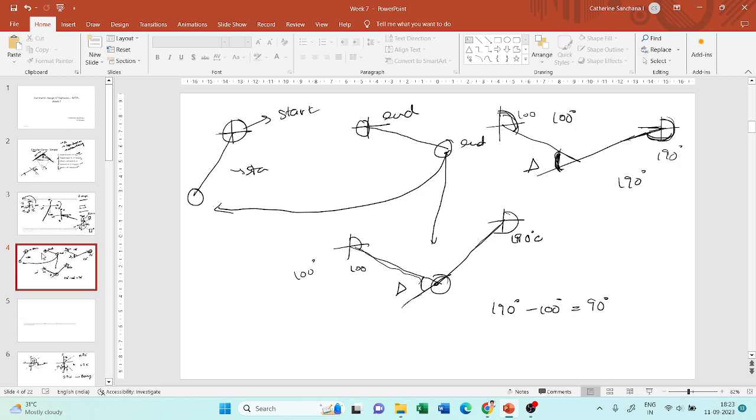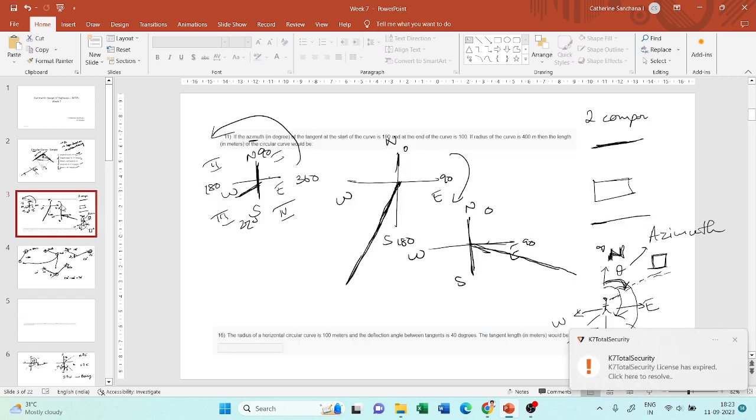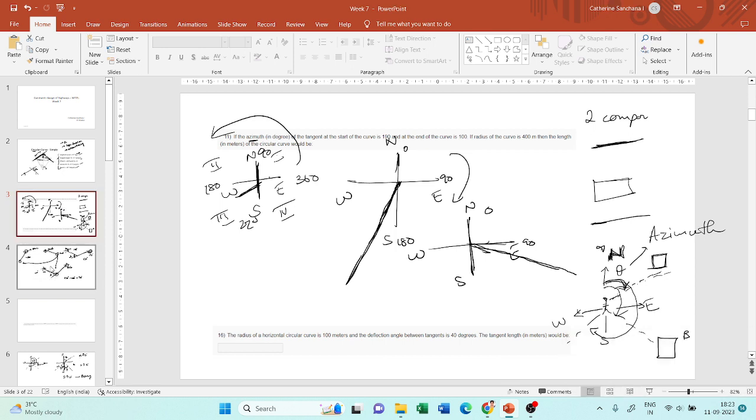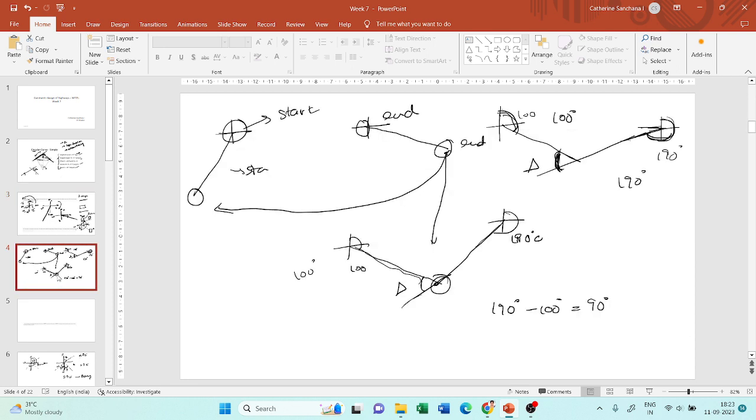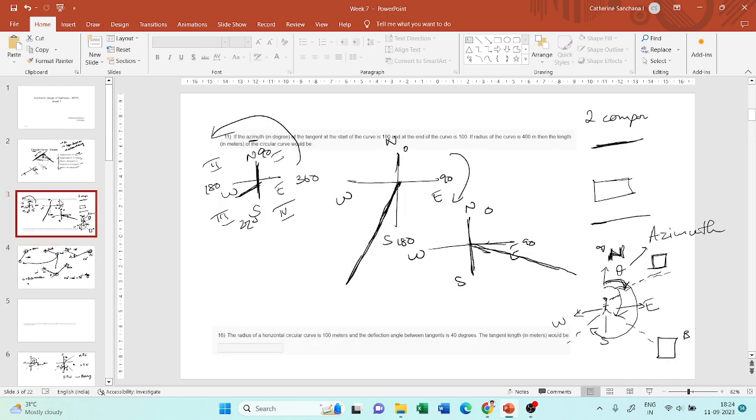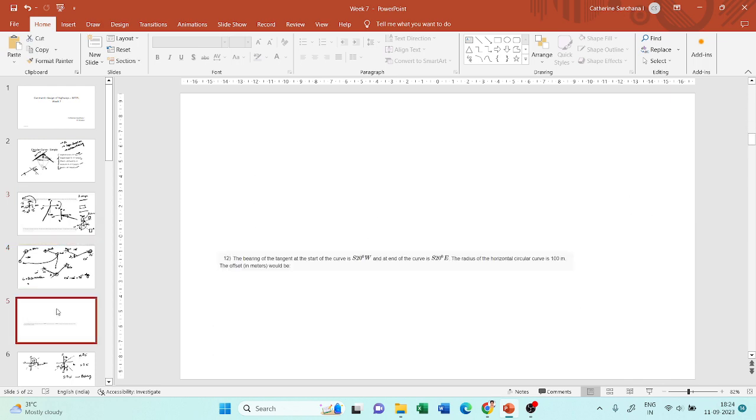Now based on this deflection angle, they've asked you to find out the length of the circular curve, right? You know that the length of the circular curve is r times the deflection angle in radians. So this 90 degrees is in degrees, so you have to substitute this in radians. The radius they've given is 400 meters.